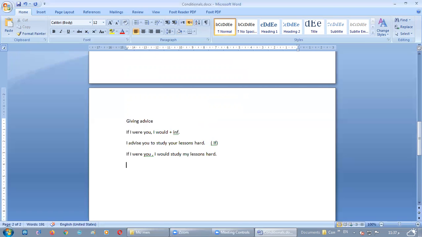Okay, I want to mention another part, which is omission of if. When you want to drop if and put another word. For example, in the second conditional, I can say, if I knew French, I could help you. What does it mean by this sentence? It means I don't know French, so I can't help you.